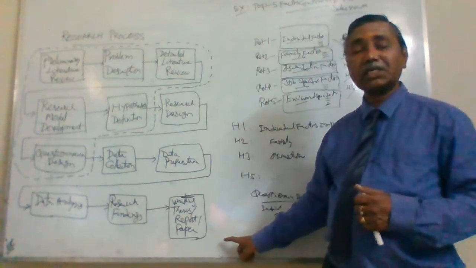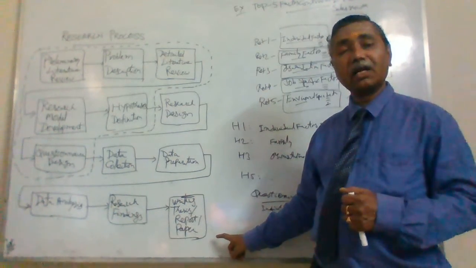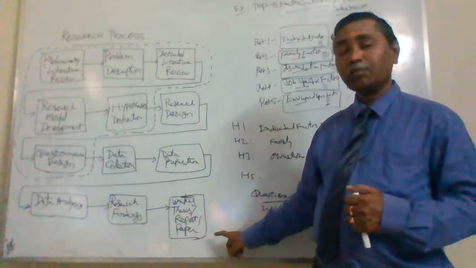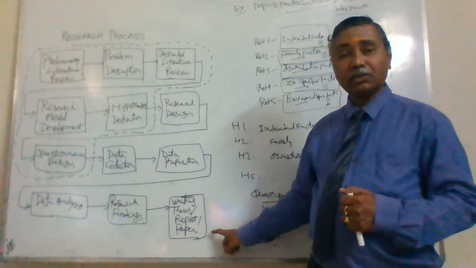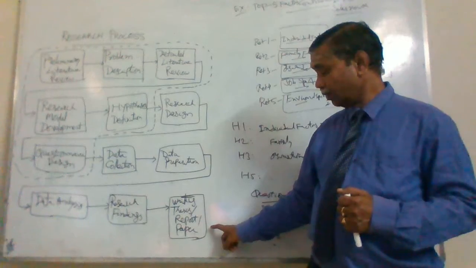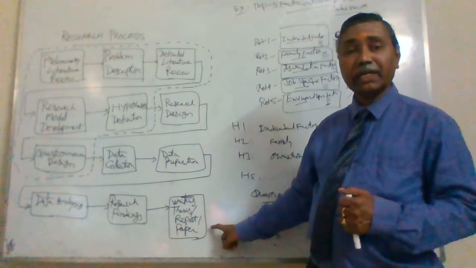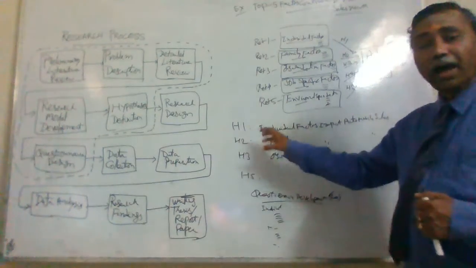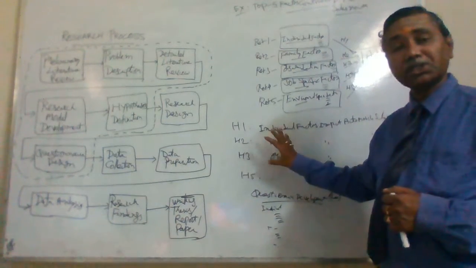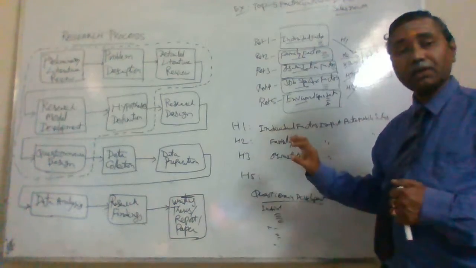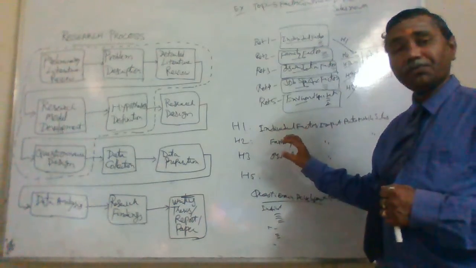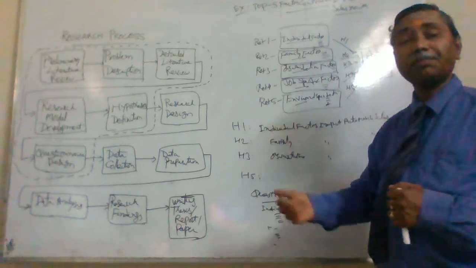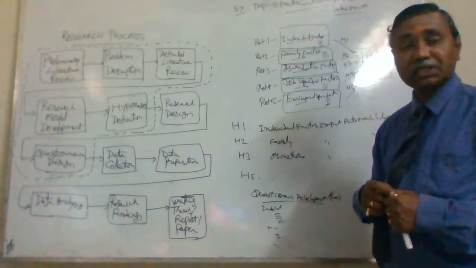Next comes the research report writing, or paper writing, or thesis writing, right? For example, if it is a research paper, having up to 4 to 5 hypotheses is the ideal case in an empirical study. Sometimes people have hardly 2 hypotheses in research papers.